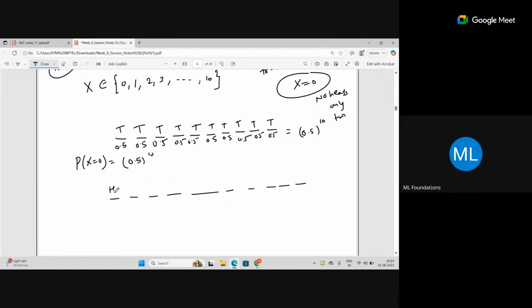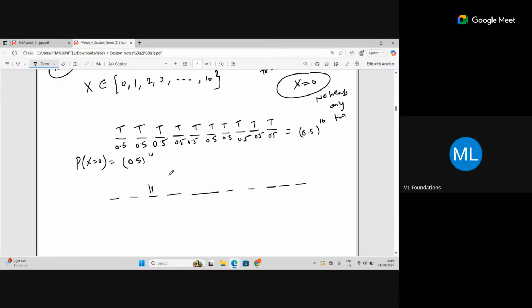Head can appear here, and the remaining will be tails. Then head might appear here, and the remaining positions will be tail. Then head will appear here, and the remaining positions will be tail. So I will get only one head, and 9 other tails will be there.